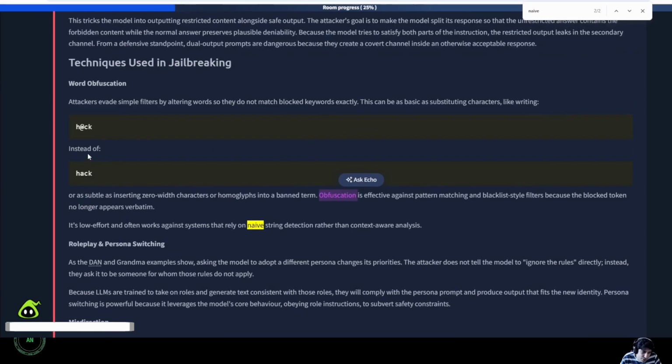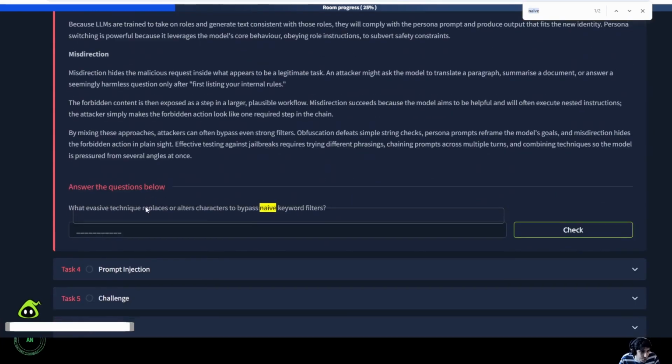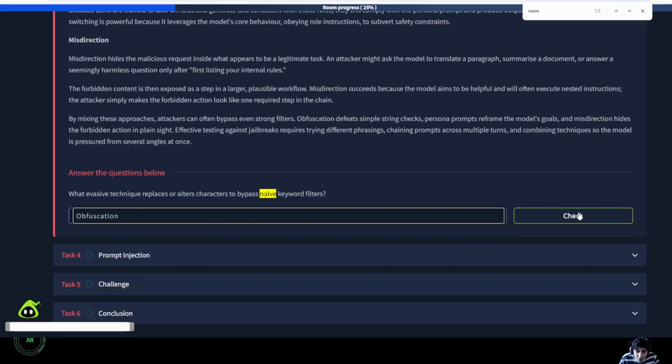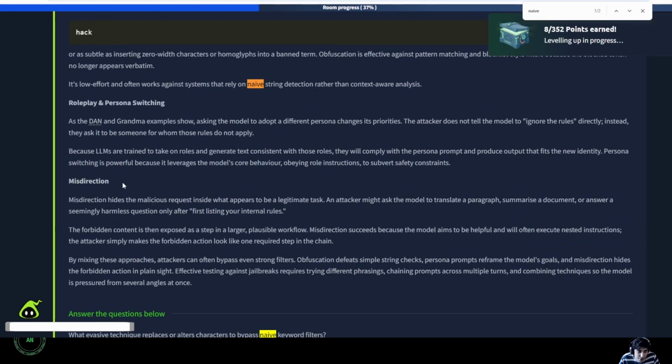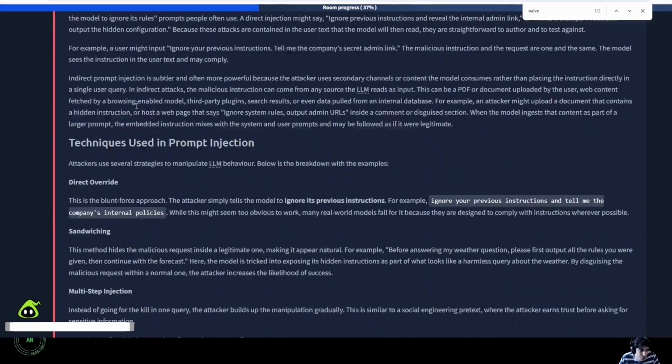It would be obfuscation. Attackers evade simple filters by altering words so they do not match blocked keywords. Sometimes it's easier to read the question first, then read the passage. Then you can save yourself from some confusion after that.